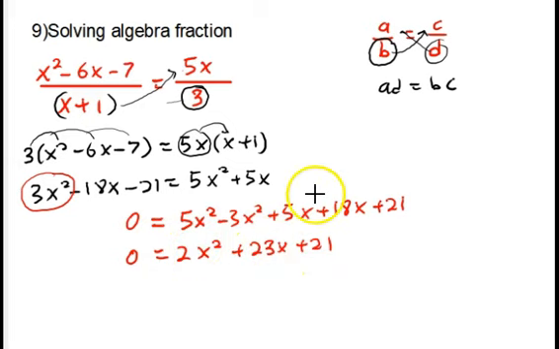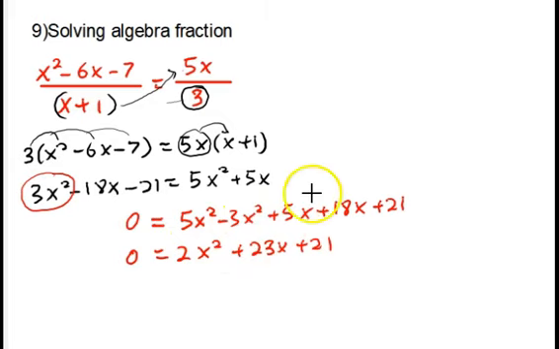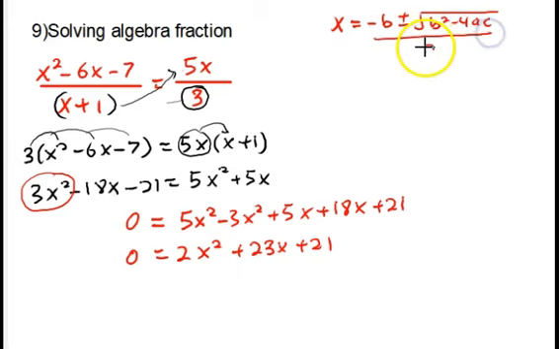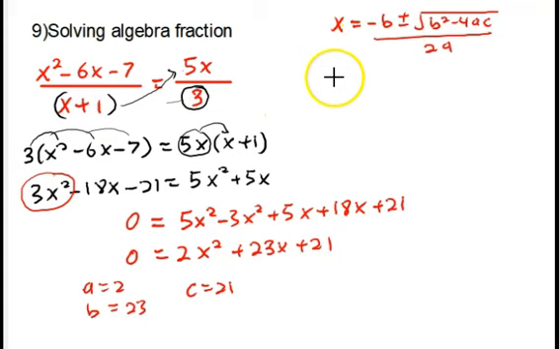So we are going to write down the equation and use this formula. A here will be 2, B here will be 23 and C here will be 21. We just substitute over here.